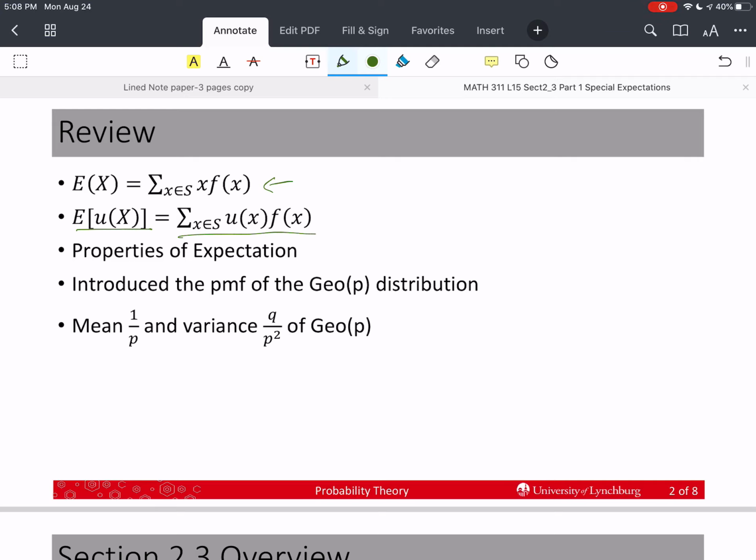We talked about some properties of expectation, the expectation of a constant times a function, a linear combination, and we also introduced the geometric distribution with probability P of success. And last time we derived the mean and we just simply stated the variance. We're going to learn a new method of doing that in this section called the moment generating function method.